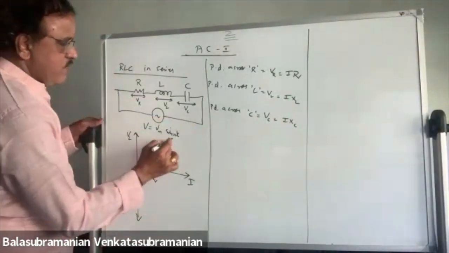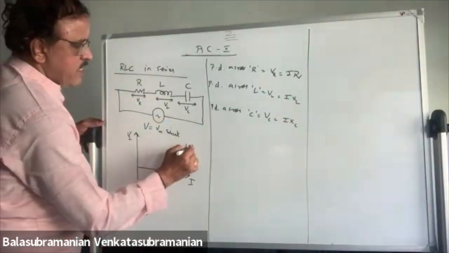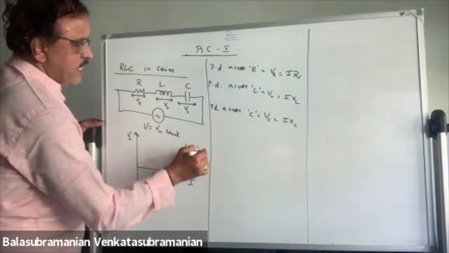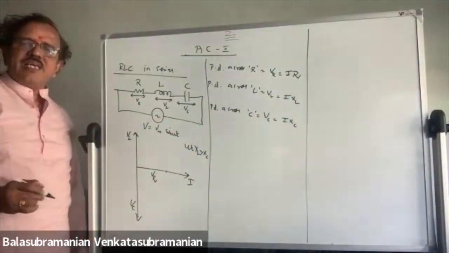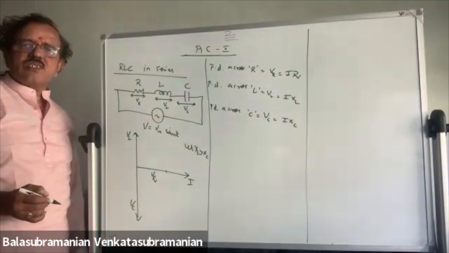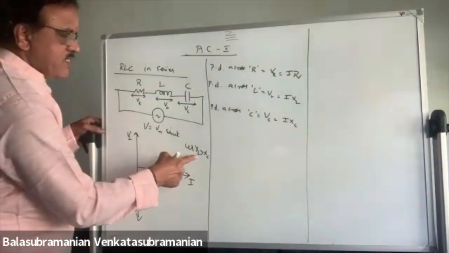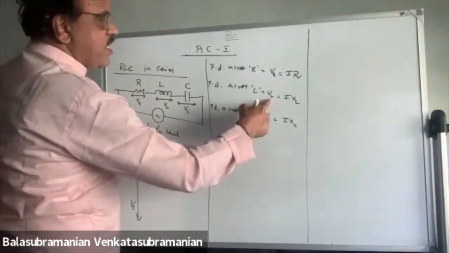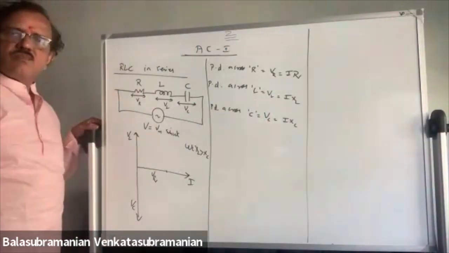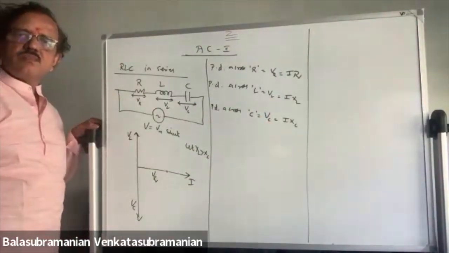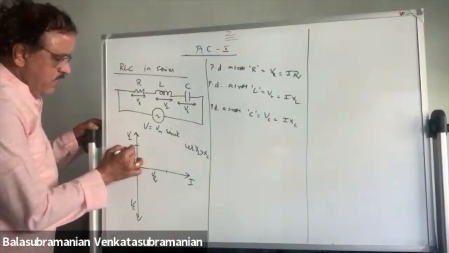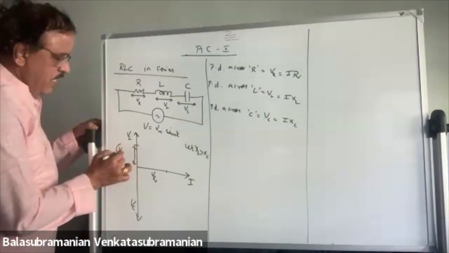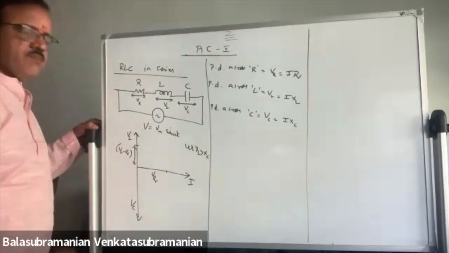So we will assume here, let XL be greater than XC. When XL is greater than XC, VL should be greater than VC. So you will get the resultant here. What is the value? VL minus VC.